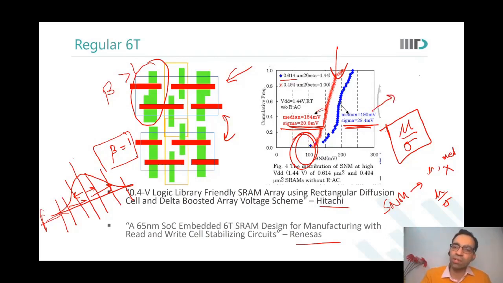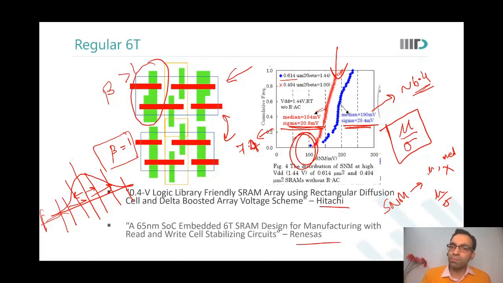What is the mu by sigma over here? Something like 6.4. What about the mu by sigma over here? 7.4 something.